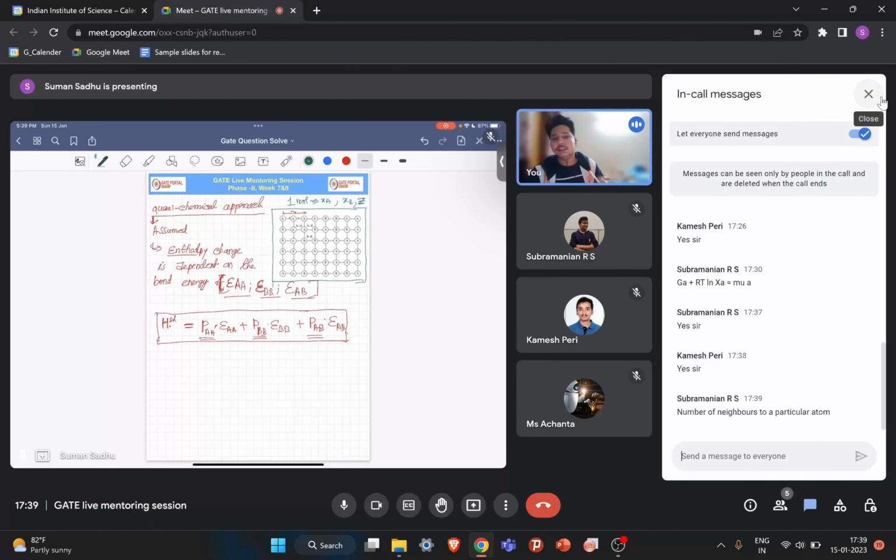Yes, the number of nearest neighbors of that particular atom. For the time being, just consider any one atom. Let's say we are considering this A atom. How many neighbors will it have?